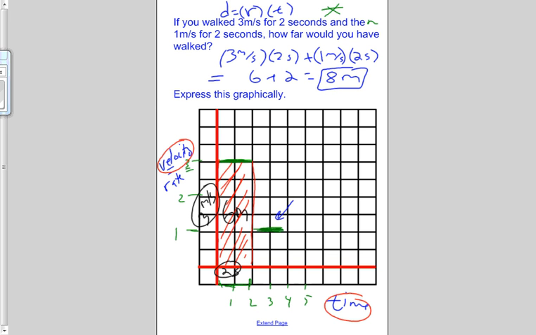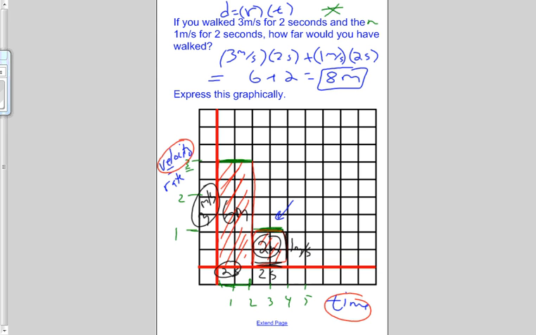Now let's look at my second portion of the graph, where I'm going 1 meter per second for 2 seconds. If I were to make this box, that box has the dimensions, also 2 seconds, only now I'm going 1 meter per second. So the area underneath that curve, if I multiply my 2 seconds times 1 meter per second, is 2 meters.